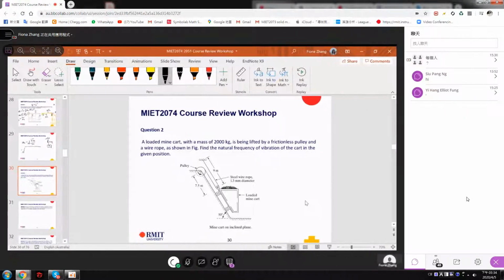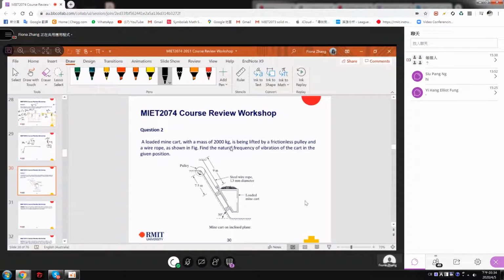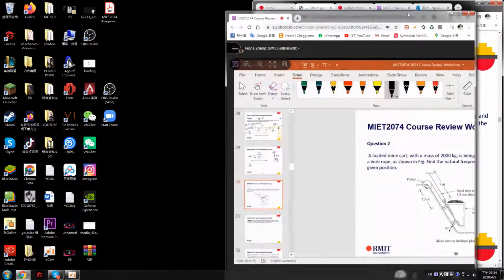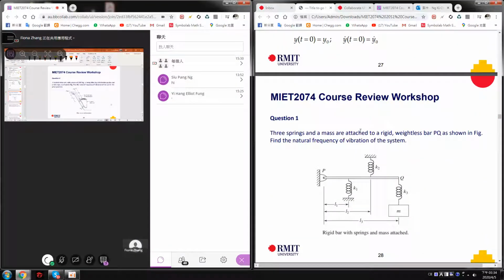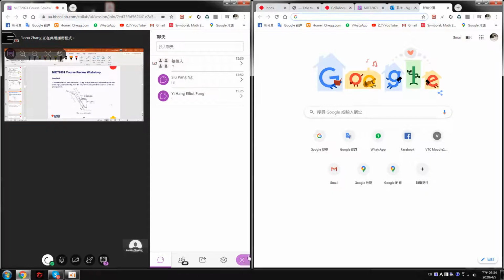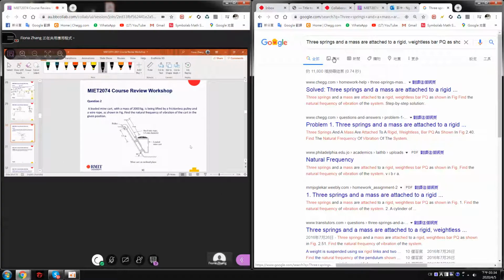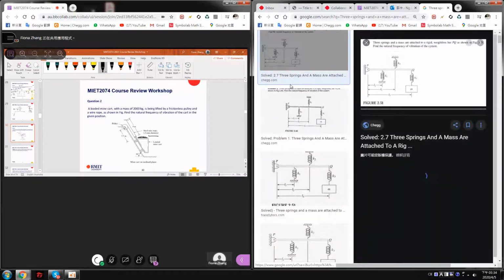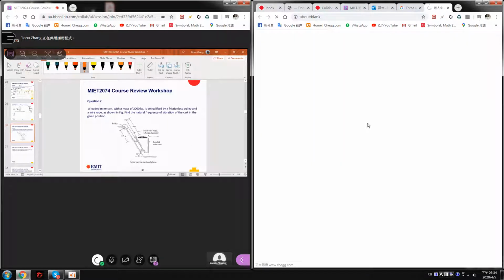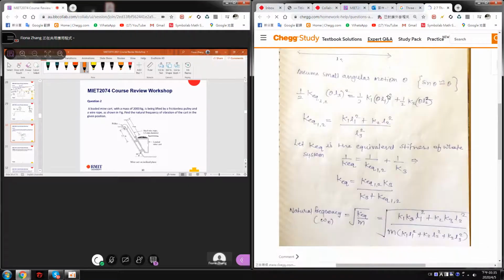Okay, so I guess some information is missing here. Here the diameter is given. So I think the missing information here is the Young's modulus of the rope.